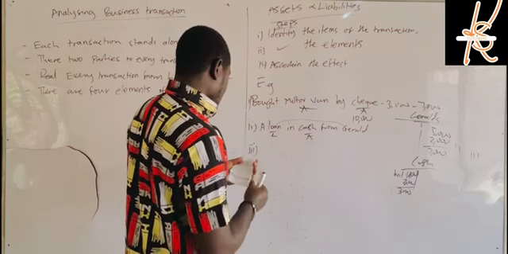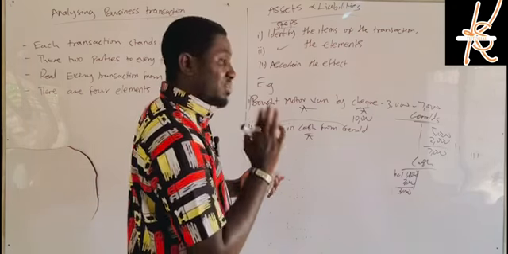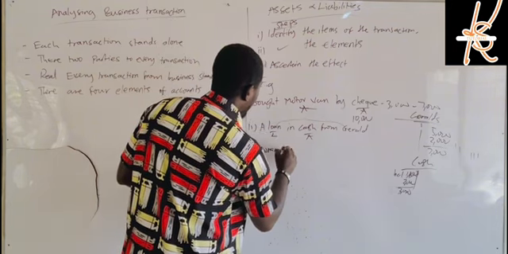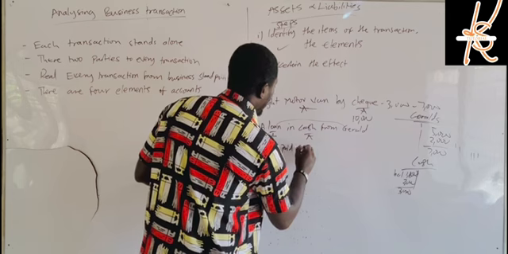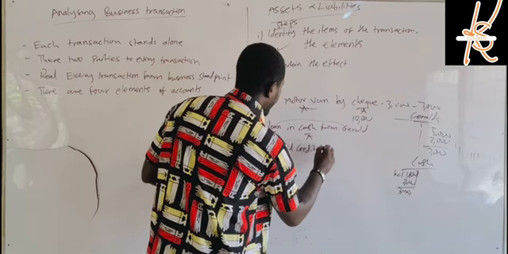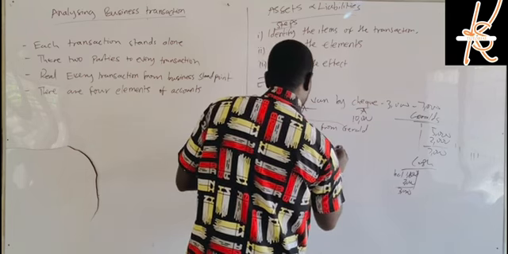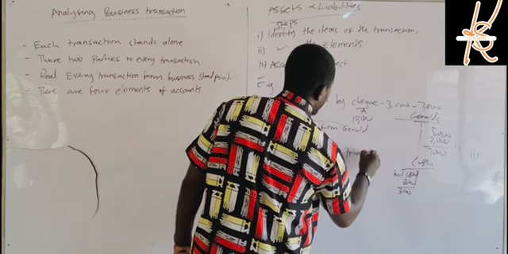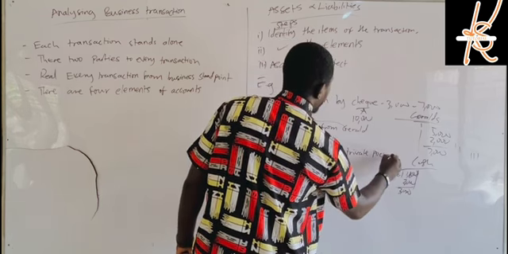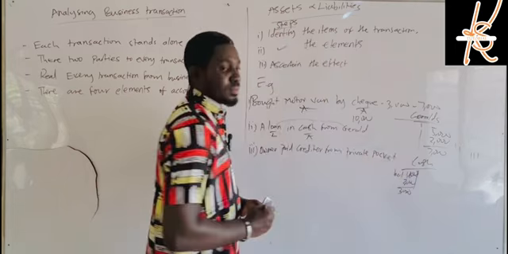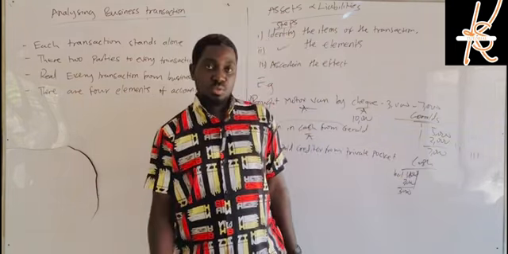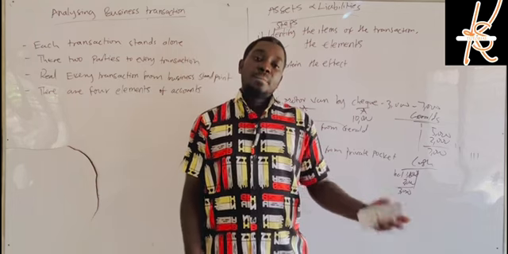It says, owner paid creditor from private pocket. So it is saying that the owner of the business, the proprietor himself or herself, paid a creditor.